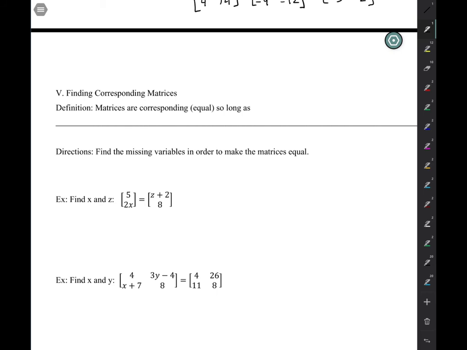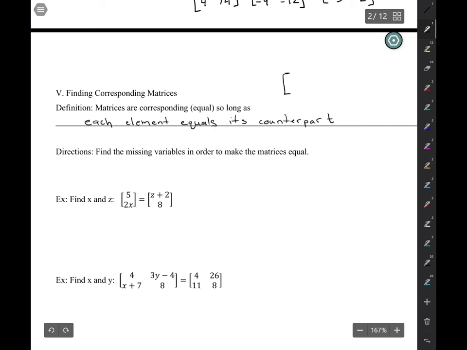So corresponding matrices are equal as long as each element equals its counterpart. So an example would be a matrix like 2, 1, 4, 2.